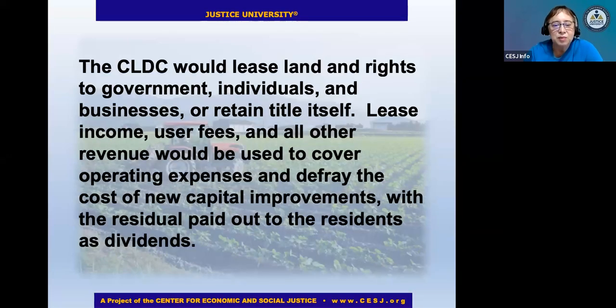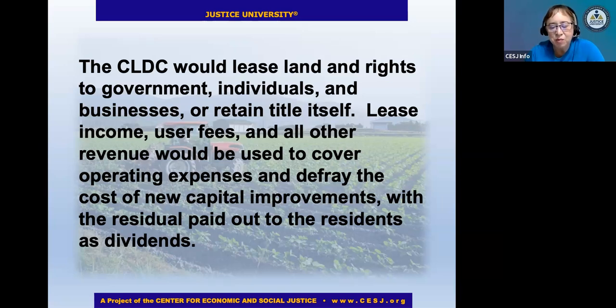Okay, so there's going to be various steps that will take place in terms of how the CLDC is going to be able to generate income to pay off any loans it gets in order to develop the land and infrastructure.